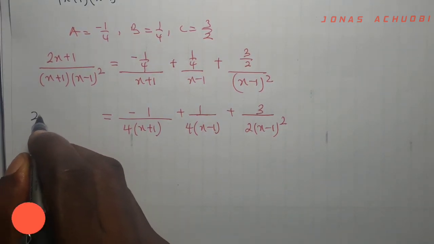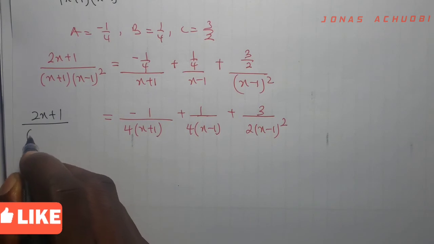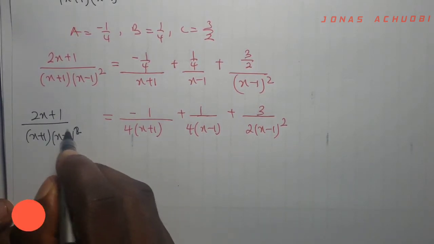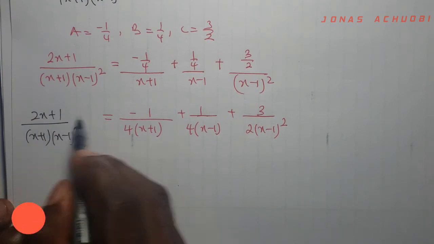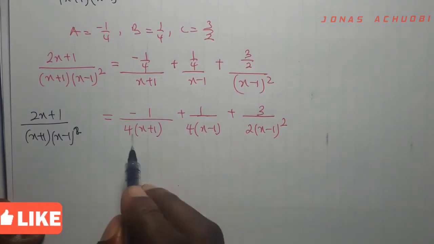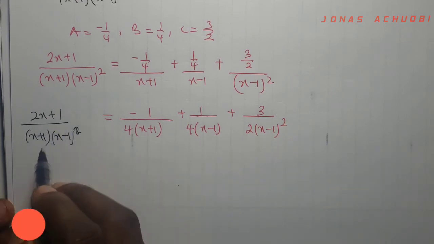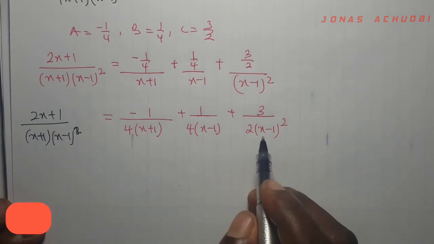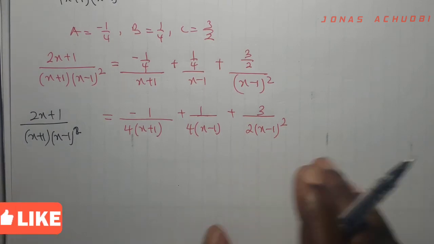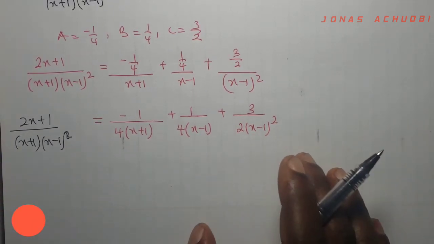And what you have here is 2x plus 1 over x plus 1, x minus 1 all squared. So this compound fraction has been split now into partial fractions. And in this case, there are 3 terms that make up the partial fraction. So this was an example of case 2. We'll now take another example of case 3 and see how we work it out.